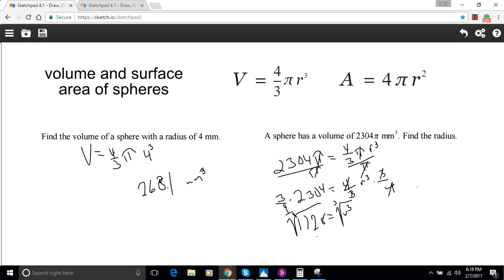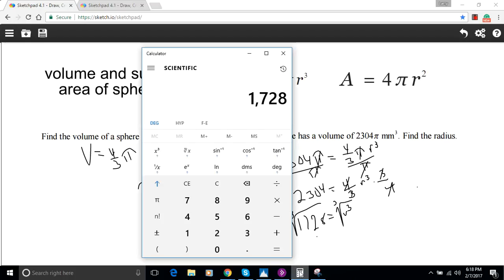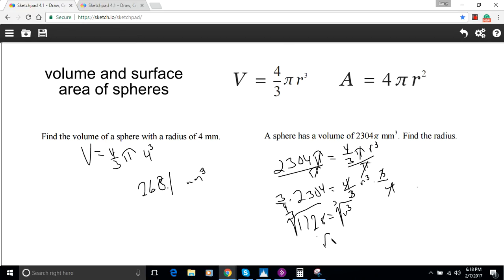So we need the cube root of 1728. I had my inverse on. So here's our cube root. I can just press that and take the third root, and we've got 12. Okay. So r is 12. The units are millimeters. And the radius is just a measure of length. So this is just plain old millimeters.